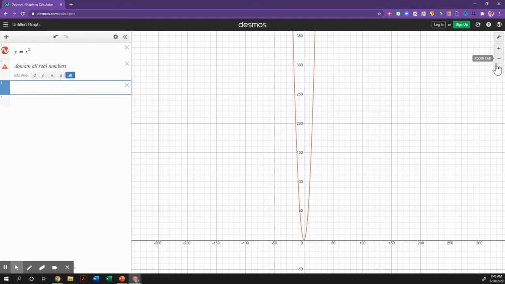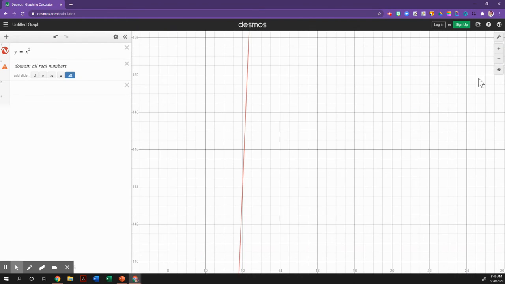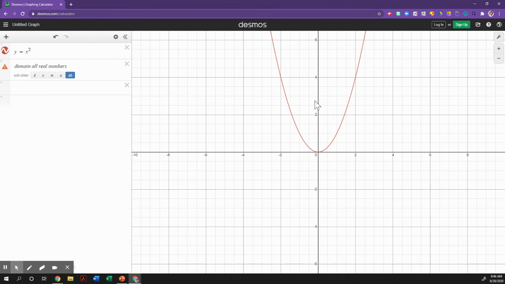But, okay, let me zoom in. Let me go to home. What I start here, so look at my y values. I'm at 5, I'm at 4, I'm at 3, 2, 1, 0.